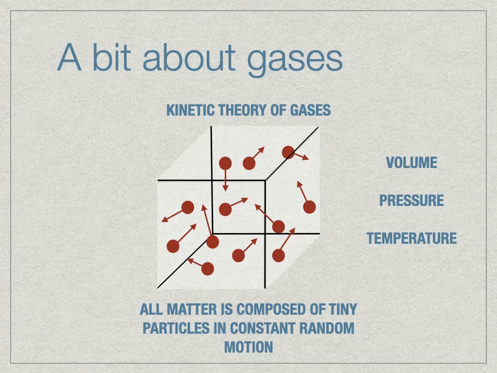What Avogadro's hypothesis and the kinetic theory allow us to do is use things like temperature, which I can measure with a thermometer, or pressure, which I can measure with a pressure gauge, or volume, which I can measure by measuring the length, width, and thickness of that box, and use those macroscopic measurements to infer what's going on with the particles inside and to indirectly count them, or at least to say this box A and this box B have the same number of particles.